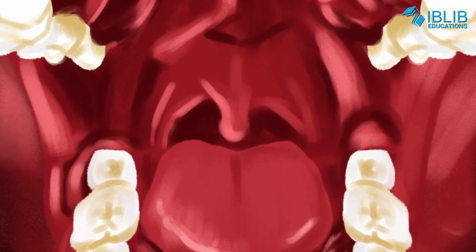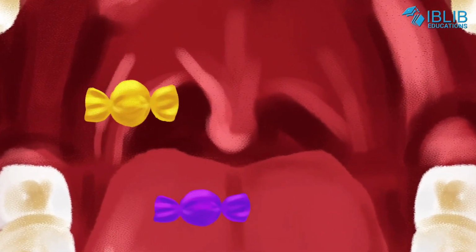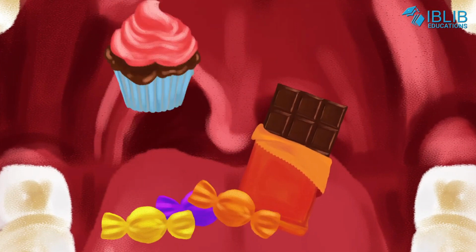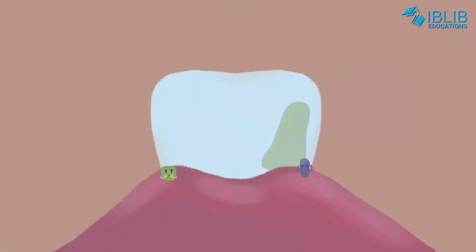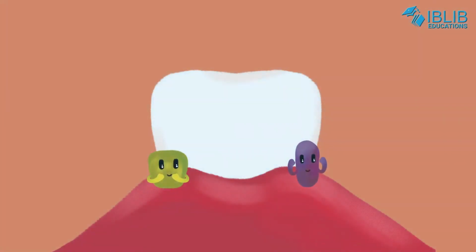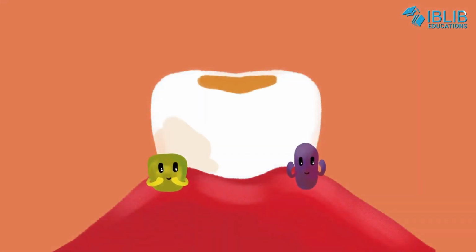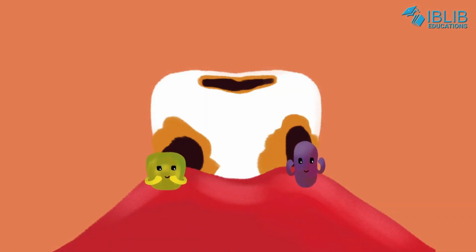But if we are constantly consuming sugary items like candies, chocolates, pastries or drinks, then our saliva cannot restore minerals and they combine to form plaque. Plaque is a harmful substance that sticks on our teeth. The acids in plaque dissolve the enamel, creating holes called cavities.